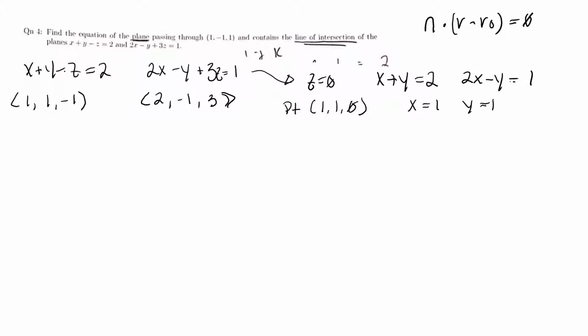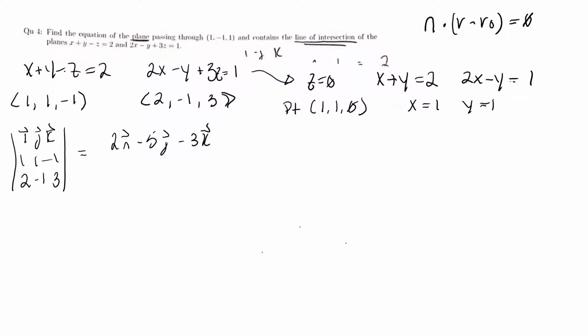So we go ahead and cross them: (1, 1, -1) and (2, -1, 3). We end up with 2i - 5j - 3k, and that gives us the vector (2, -5, -3).